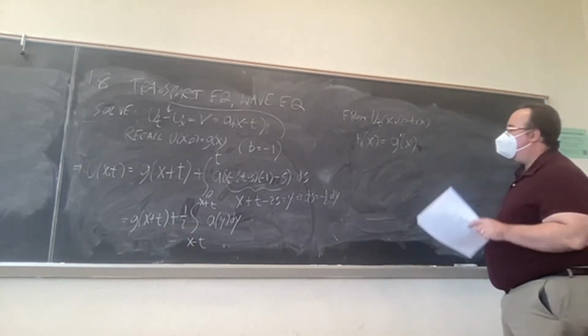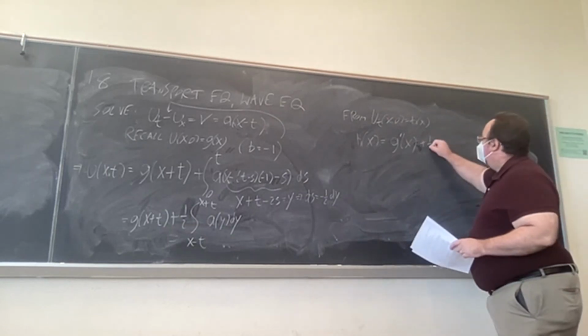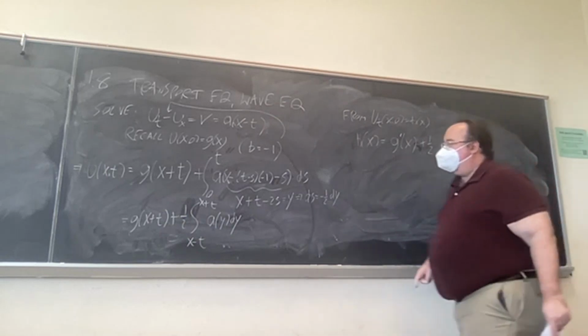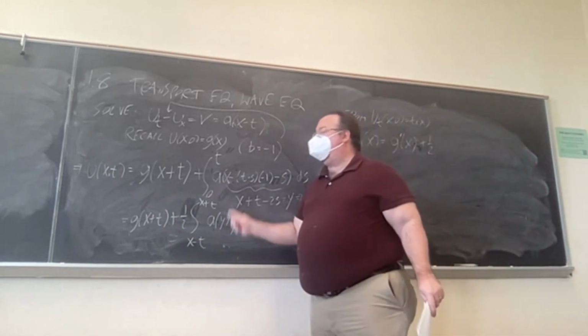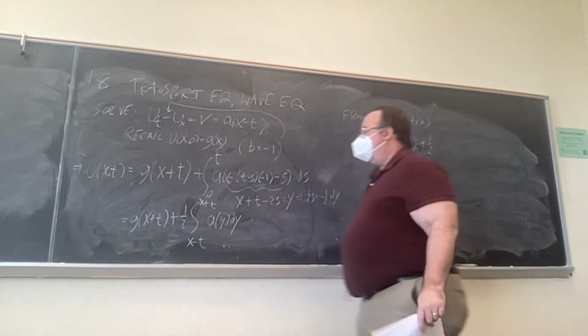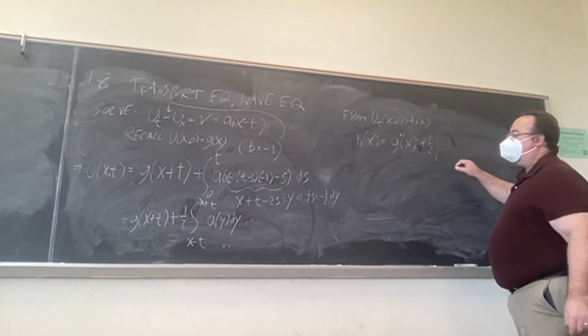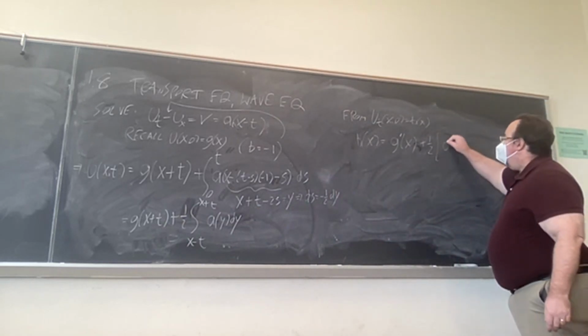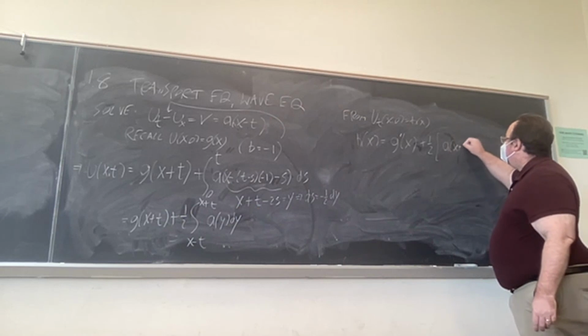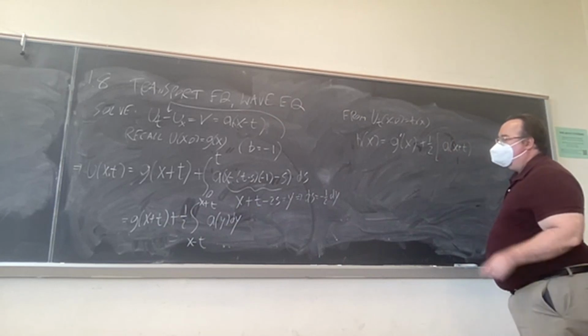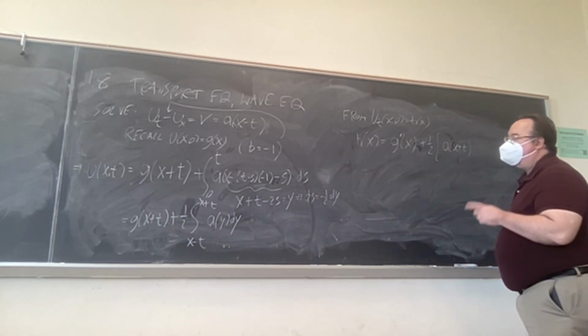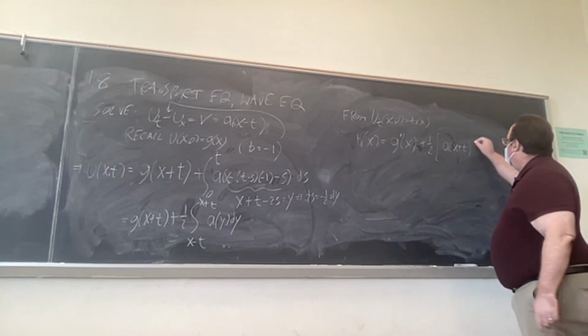Then for the other part, I'm going to take a derivative of this integral with respect to t. So that's going to be, by the fundamental theorem of calculus, a of x plus t times the derivative of the upper limit with respect to t, which is 1.